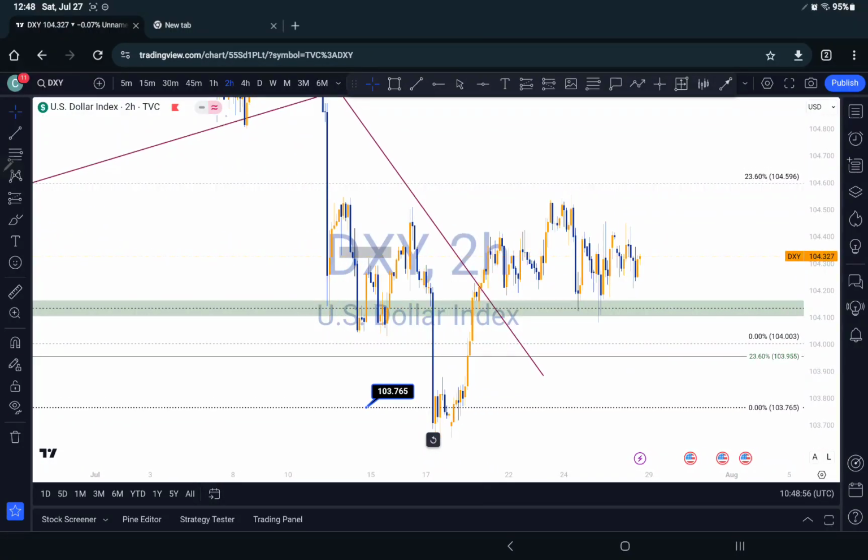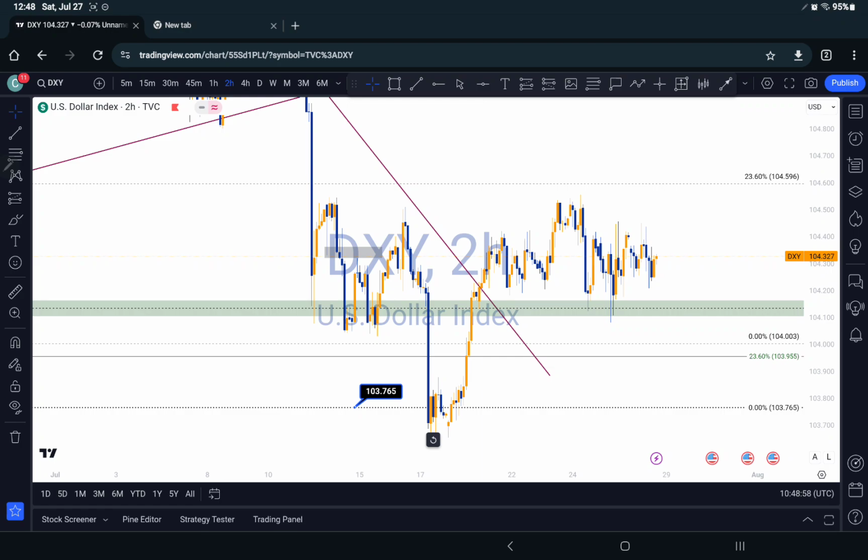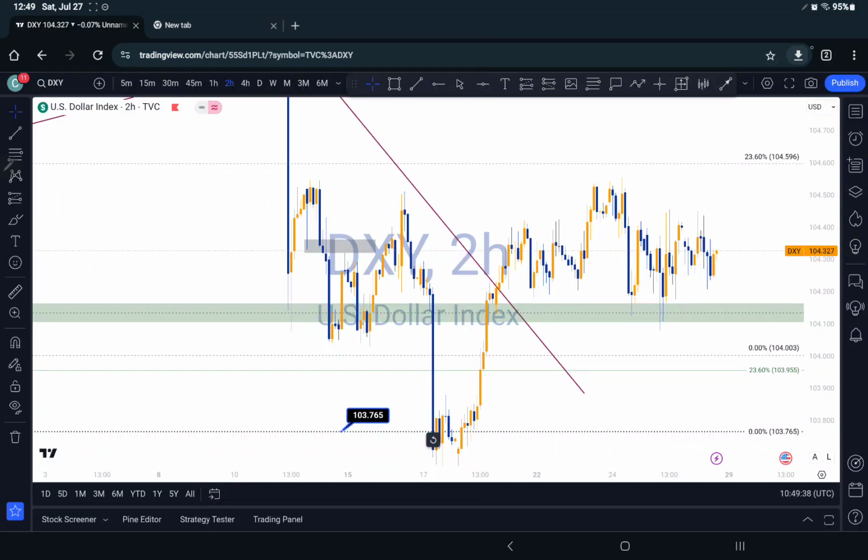If you watched my previous analysis on the XY, I said I was predicting the XY to fall to the downside. We can see I had a zone drawn around this area, predicting that there was a possibility for the XY to push up to this zone before pushing to the downside.